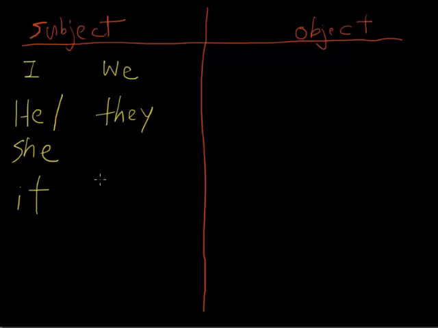Now in the object, it would be something like me, singular, us, plural. He hit me. They were having a good time with us.